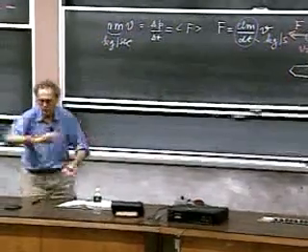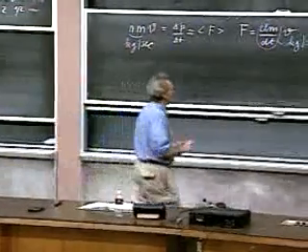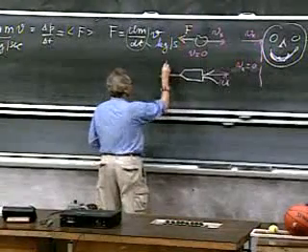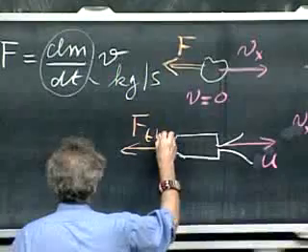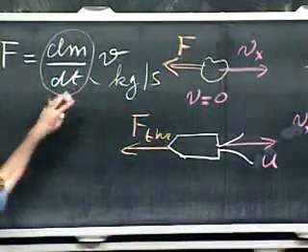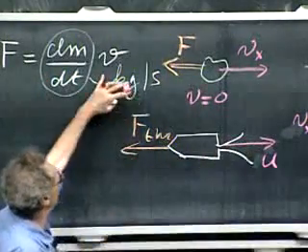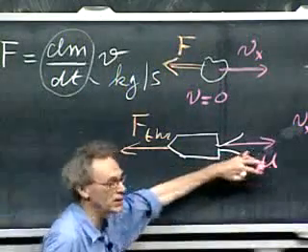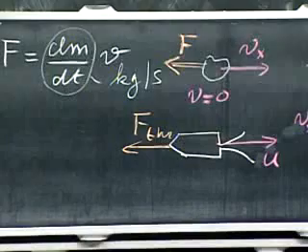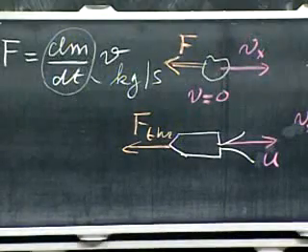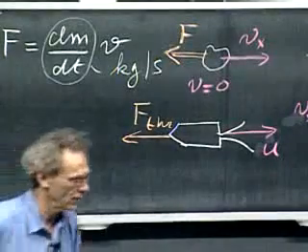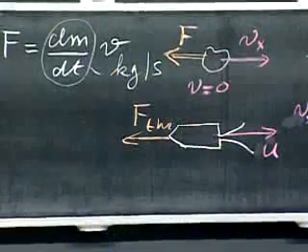Chemicals are burned, it comes out with a certain speed, and the rocket will then experience a force, which we call the thrust, and that is given by this equation. If you know how many kilograms per second are spewed out, and you know what the velocity is, which I've called u here, this will tell you what the thrust is of that rocket. If we take the case of the Saturn rockets that were used for the landing on the moon.